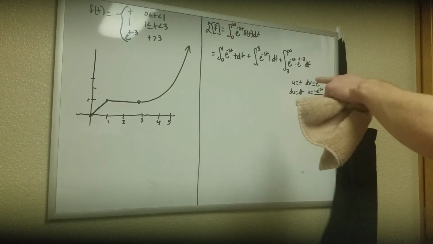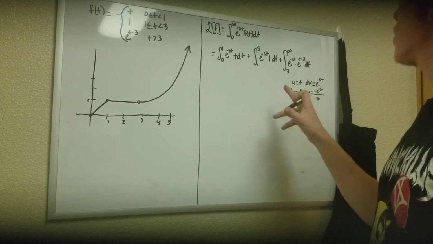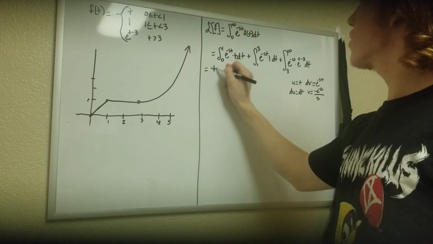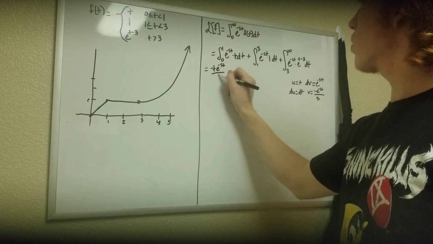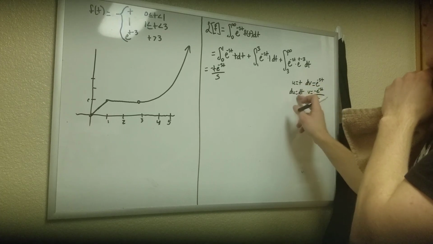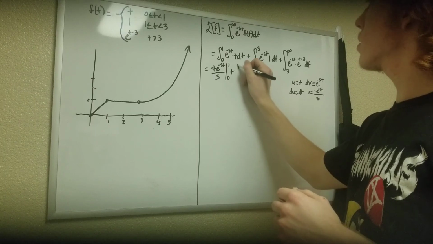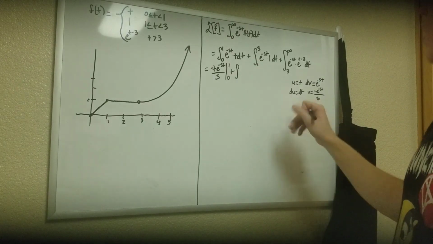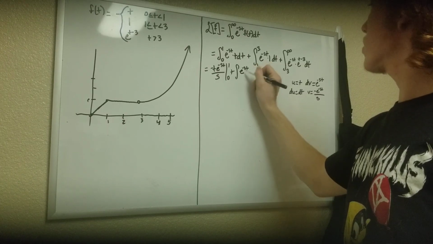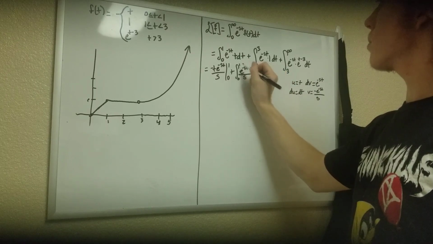So for that first function, we end up with negative t e to the negative st over s, and then it would be minus the integral of v du, evaluated from 0 to 1, plus the integral of e to the negative st over s dt, and that's also evaluated from 0 to 1.